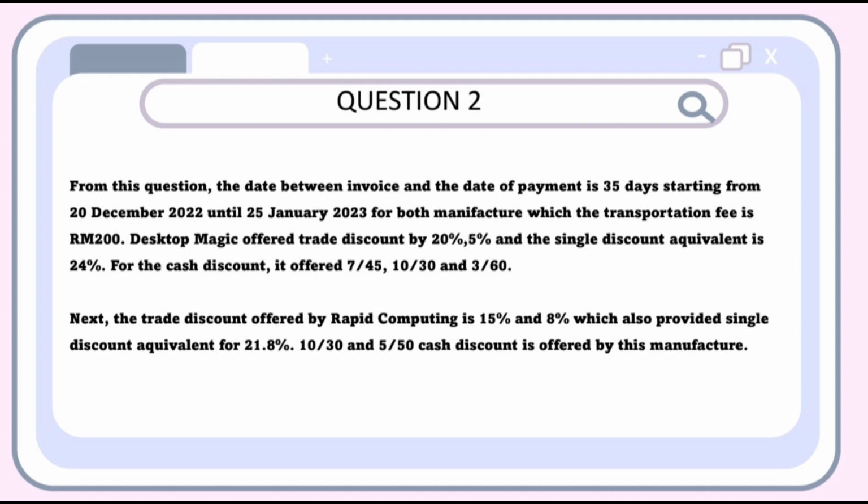For the cash discount it offered 7 per 45, 10 per 30 and 3 per 60. Next, the trade discount offered by Rapid Computing is 15% and 8%, which also gives a single discount equivalent of 21.8%. 10 per 30 and 5 per 50 cash discount is offered by the manufacturer.